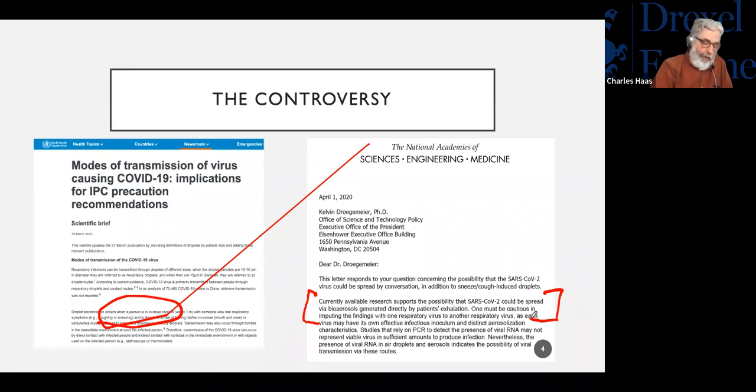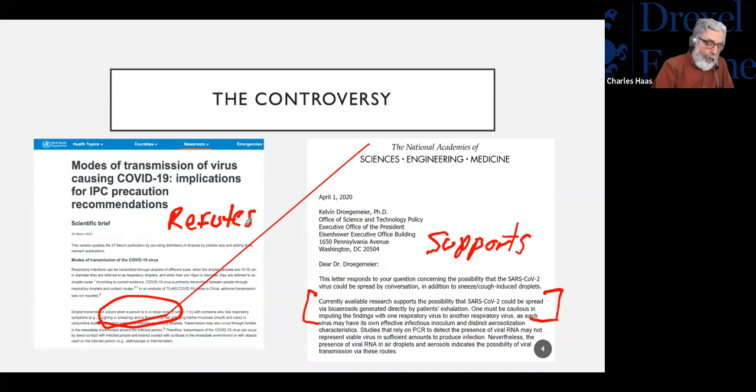So this document supports the idea that small airborne particles can be inhaled by a susceptible individual. This earlier document by WHO refutes.